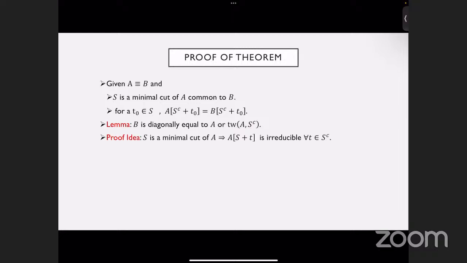And the proof idea for this is that if S is a minimal cut of A, then for all T which is not present in S, this principal submatrix corresponding to set S plus T is irreducible.